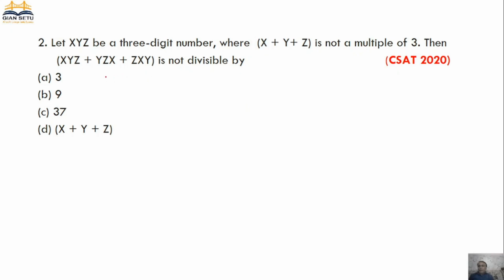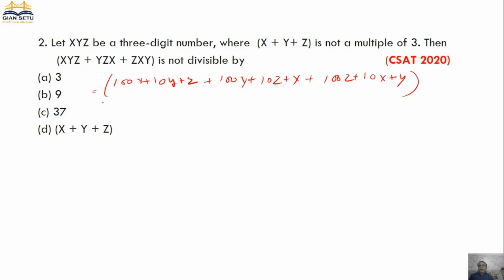The number will become 100x plus 10y plus z plus 100y plus 10z plus x plus 100z plus 10x plus y. We can write this sum in this form.